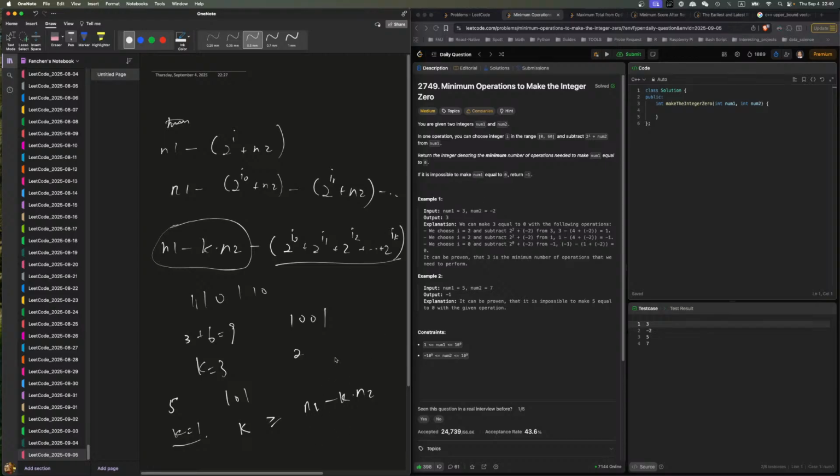That's the premise, right? If k is larger than this, that's not true. No. It's k needs to be smaller or equal to this.